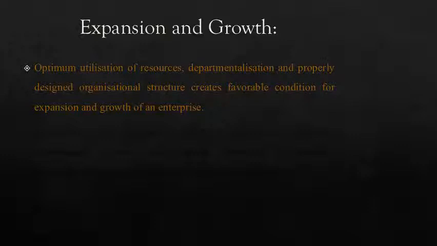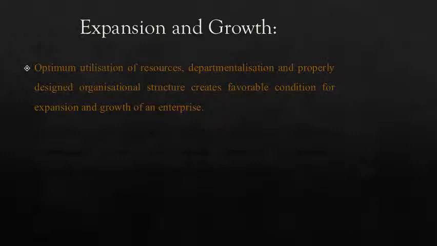This whole thing will become possible with the help of organizing, because in the process of organizing we have discussed that there would be optimum utilization of resources. In the importance of organizing, there also we have discussed that adoption of a proper organizational structure will lead the organization to the optimum utilization of resources.